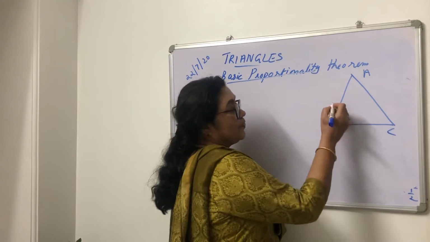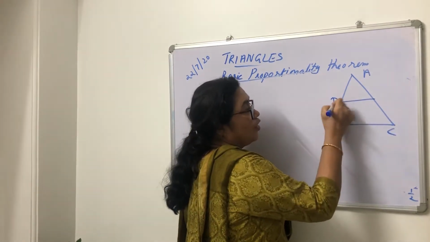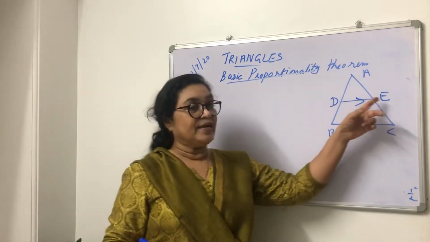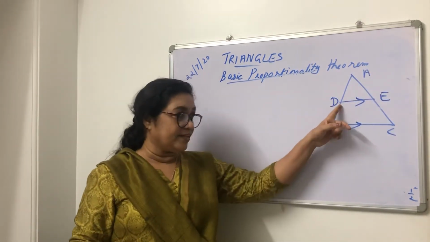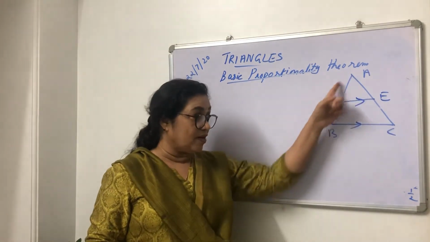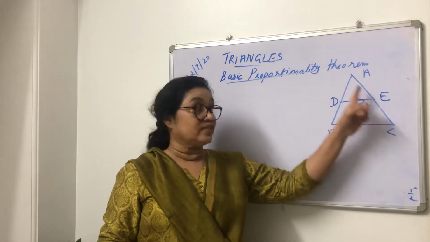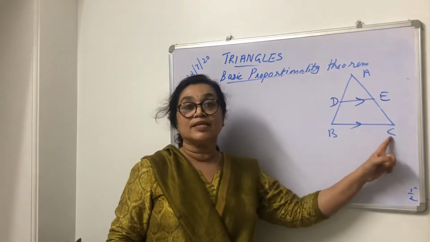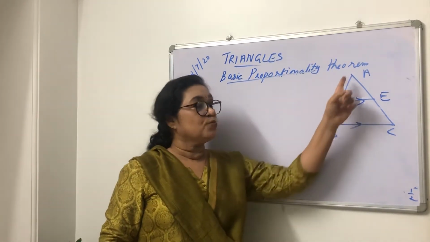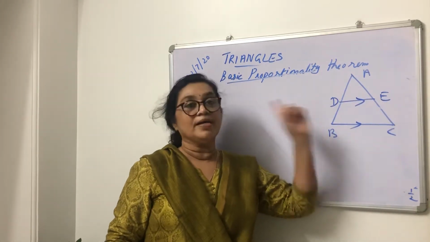That means a line DE is drawn parallel to BC. This line intersects AB at D and AC at E. This line is dividing these two sides AB and AC in the same ratio. That is, AD by DB should be equal to AE by EC.